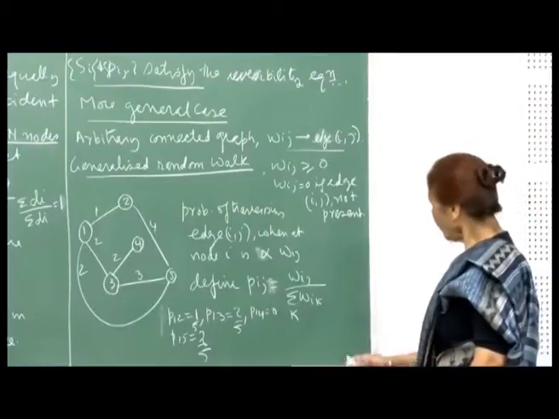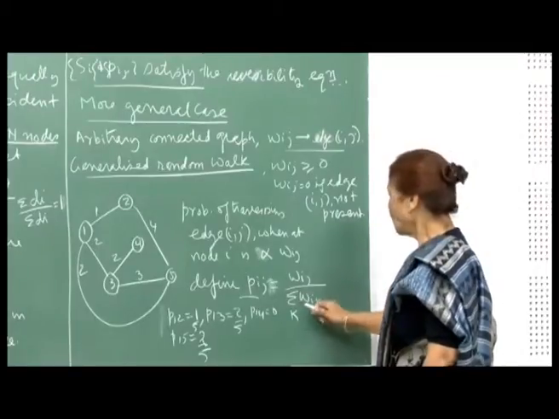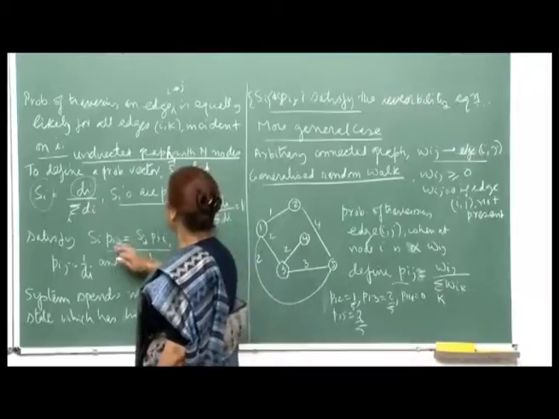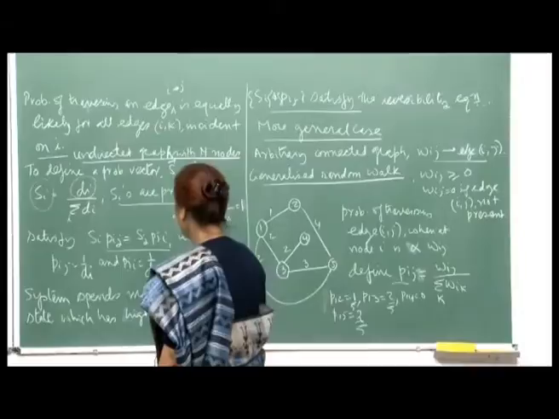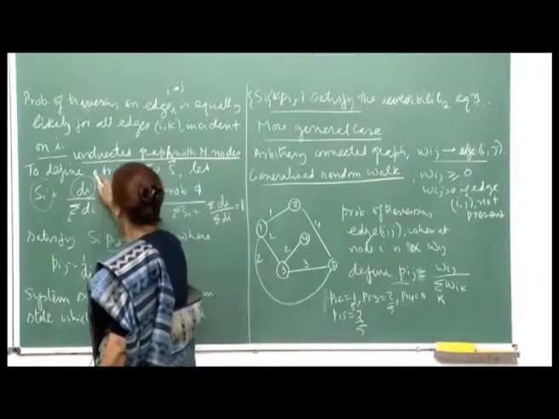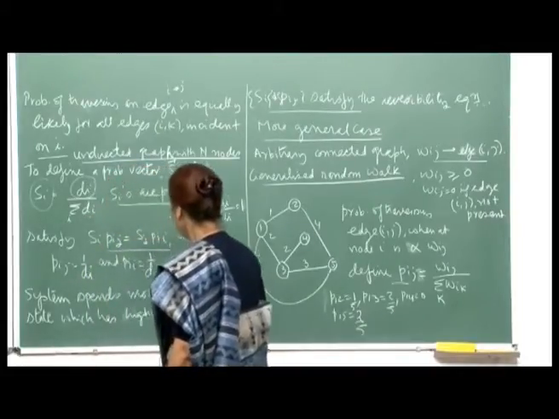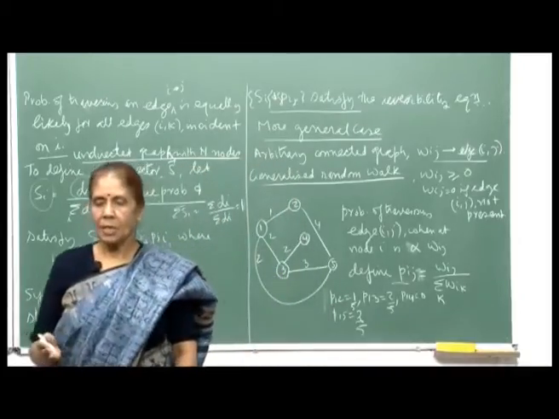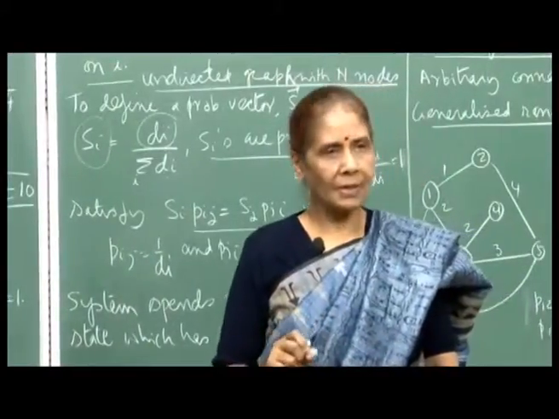So I define P_ij as w_ij upon, and one more thing I should have spelled out here, that in the random walk case, the state probabilities, the S_i's, are being defined by d_i upon sigma d_i. Remember that the stationary state probabilities also represent the fraction of time the system spent in a particular state.